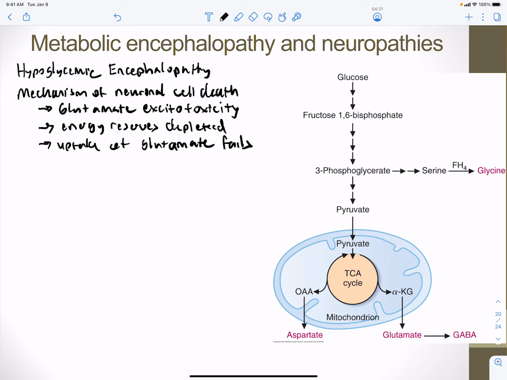And then glutamate is going to build up in synaptic clefts, leading to overstimulation of postsynaptic glutamate receptors. And this is a prolonged opening of the receptor, and lethal amounts of calcium are going to enter the neuron and activate cytotoxic intracellular pathways.